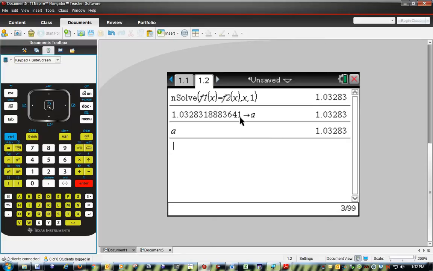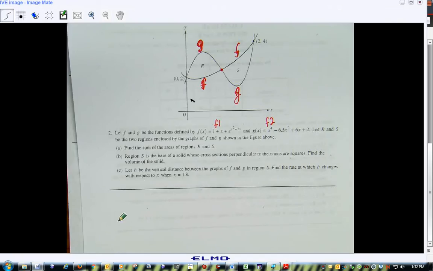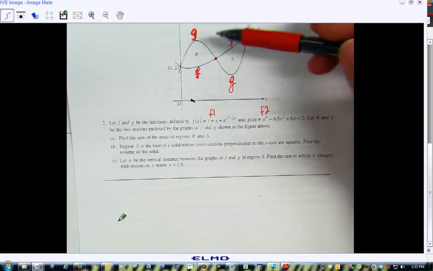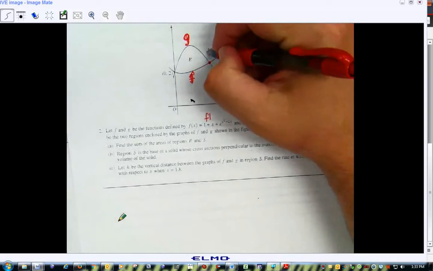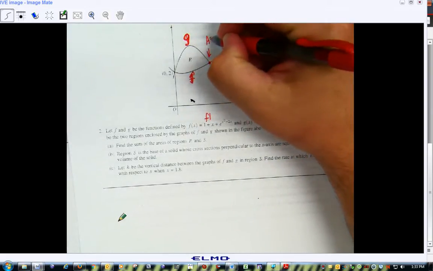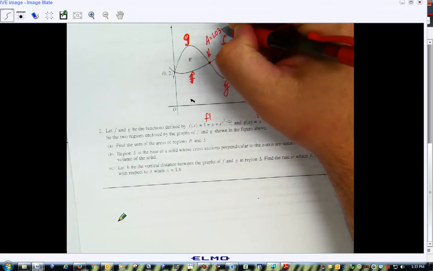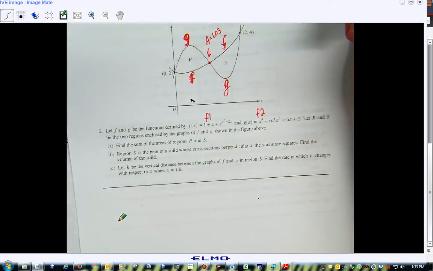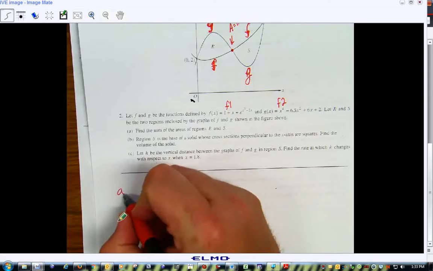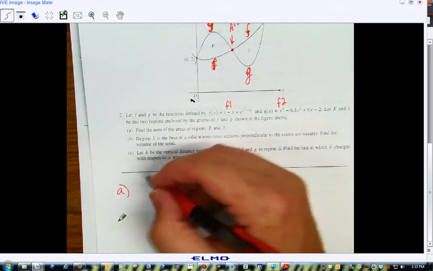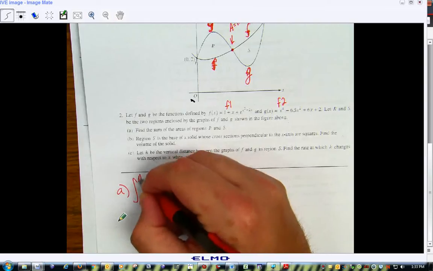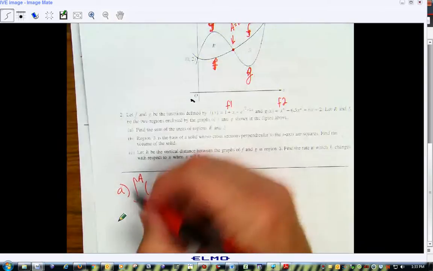And I will tell you the biggest time saver is to type in, for whatever function you're dealing with, type in that function right away. Type in the numbers right away, save them and store them. And if, for example, after you figure out that A was equal to 1.03, make sure you put somewhere on your page: let A be equal to 1.03, the point of intersection.